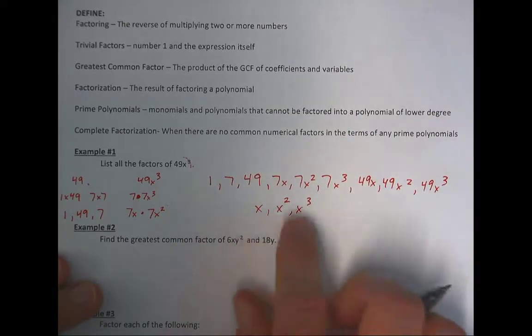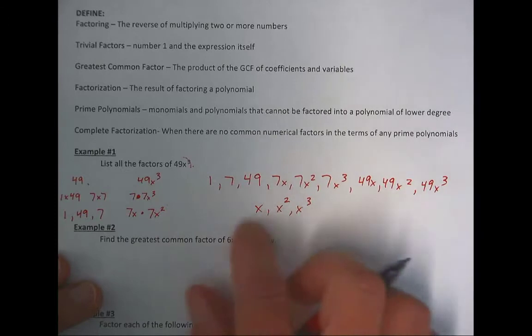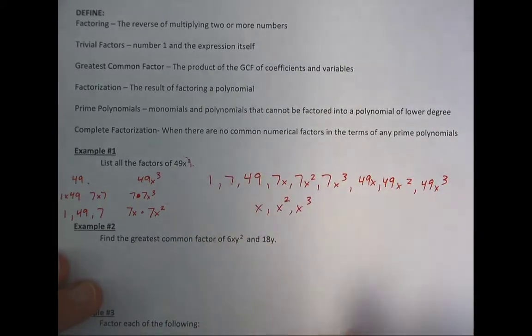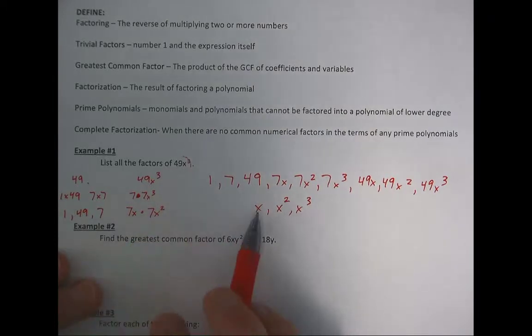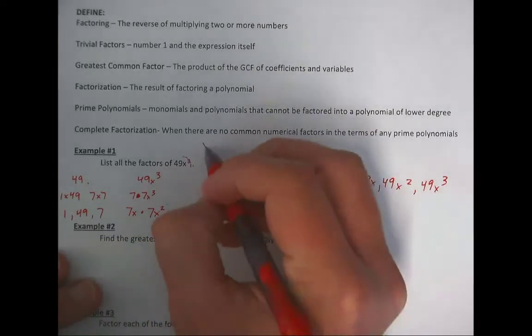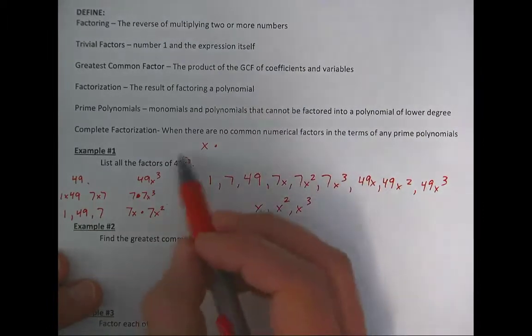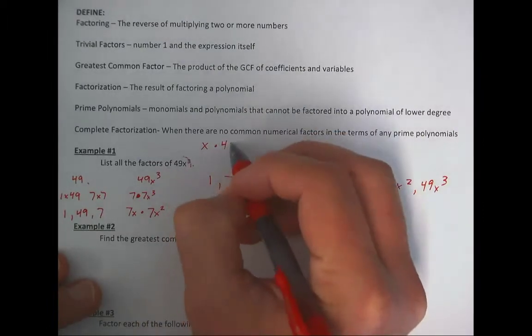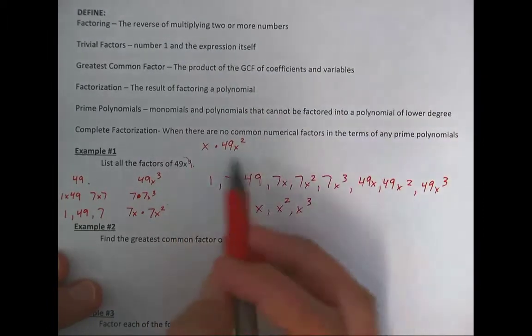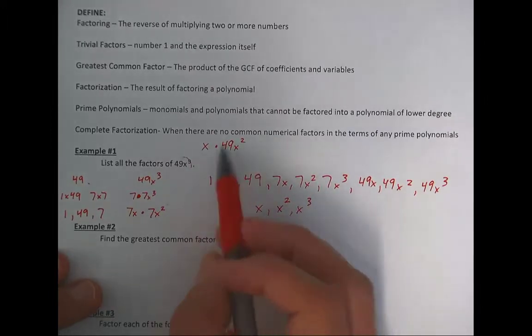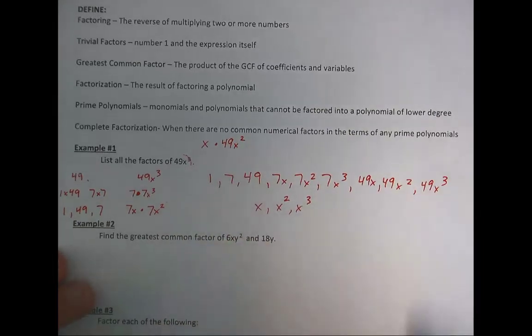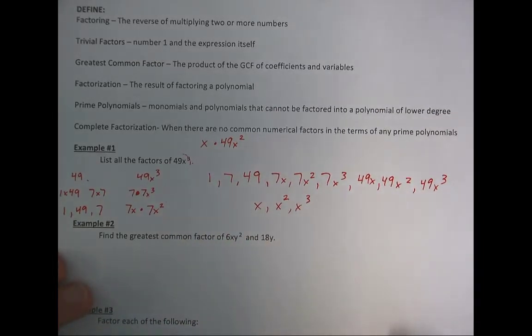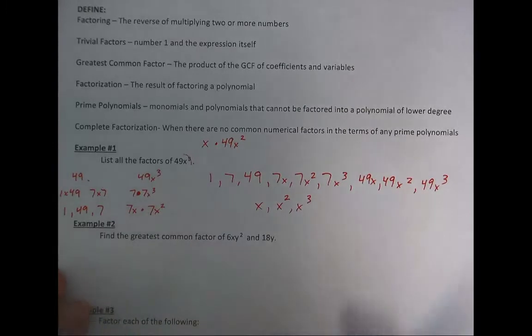So again, all of these could be multiplied by one of the other factors we see here to create 49x to the third. So if I just had x, for example, what would I multiply x by to create 49x to the third? It'd be 49x squared. But x can be multiplied by something, a whole number coefficient, to create this. So these are all the factors. All of these could be multiplied by something to create this.